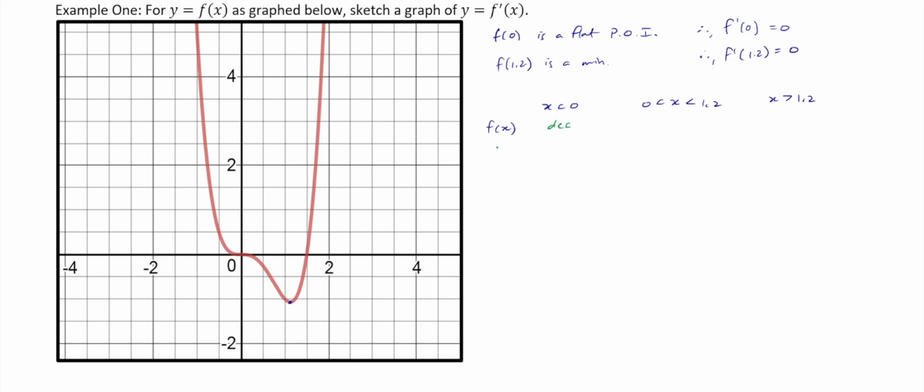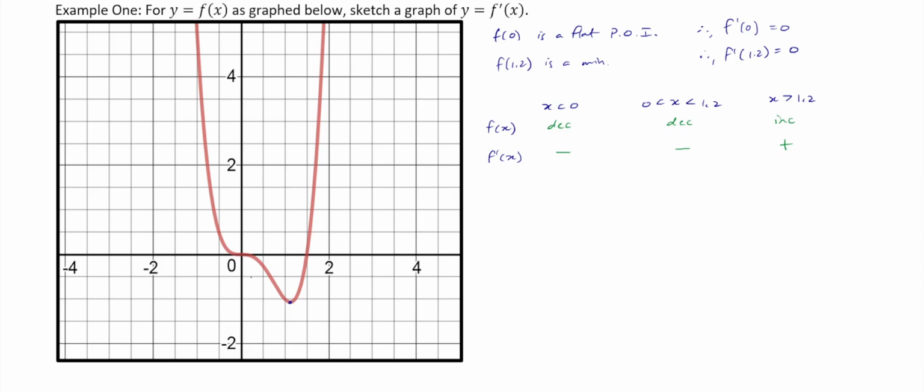And then between 0 and 1.2, it's still decreasing. But between 1.2 towards infinity, it is increasing. So if my function is decreasing, then my first derivative is negative. Again, the first derivative is still negative, but over here, my first derivative is positive.